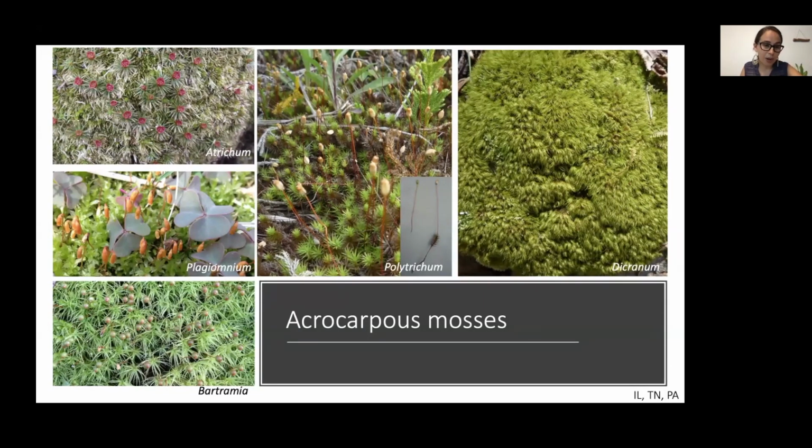And then in the bottom, you have Bartramia or apple moss. That is also relatively common to find, and it has a capsule that looks like an apple. It's completely rounded when it's green. Then you have some other mosses that are really big, like Polytrichum. Well, when I say really big, I mean big for a bryophyte. Big is different for a bryophyte than for other plants.